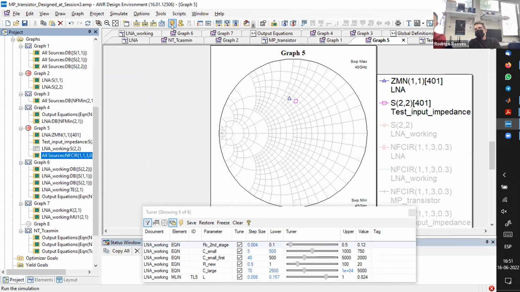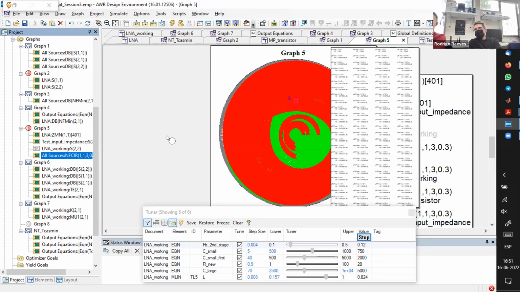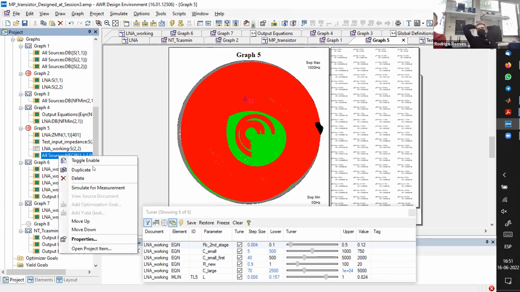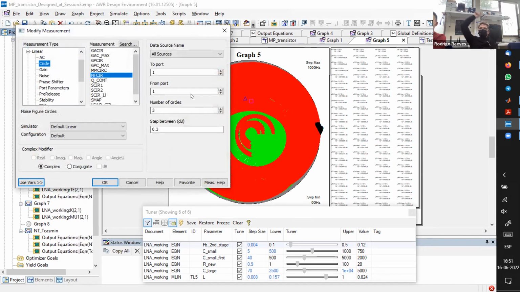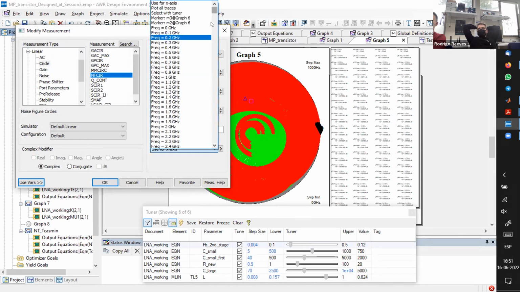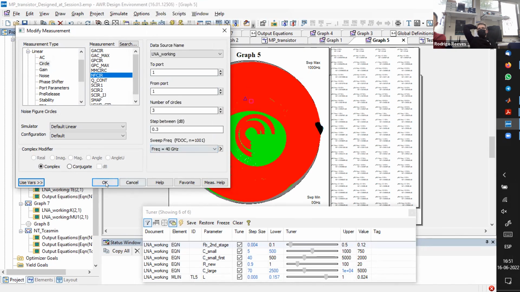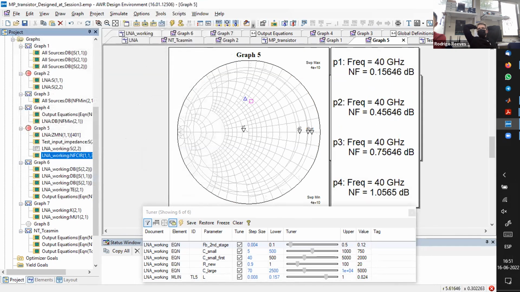So we recalculate. So you need to do it at 40 gigahertz. And actually it's doing it for the amplifier now, and only selecting the 41. Okay, 1, 2, and 3.